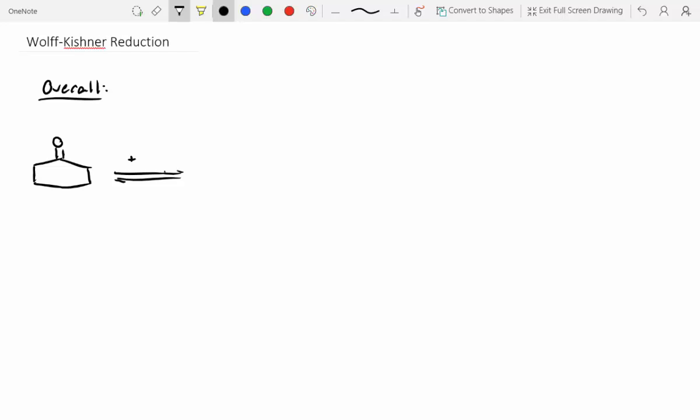So I'll do H plus and hydrazine, and if we do this, we know we're going to form our hydrazone intermediate, along with water.